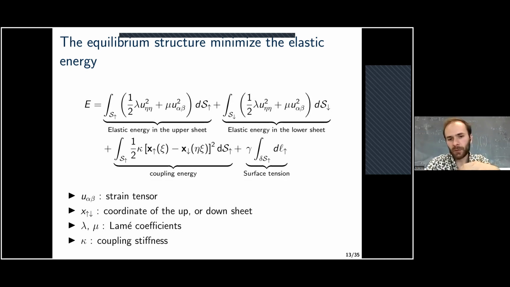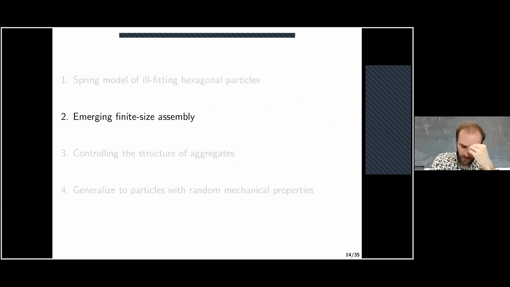And that makes this problem extremely difficult to solve, not to say impossible to solve by brute force. So what I'm going to do now is show you different techniques we use to find insight into what is actually the optimal aggregate we can create with this type of system.